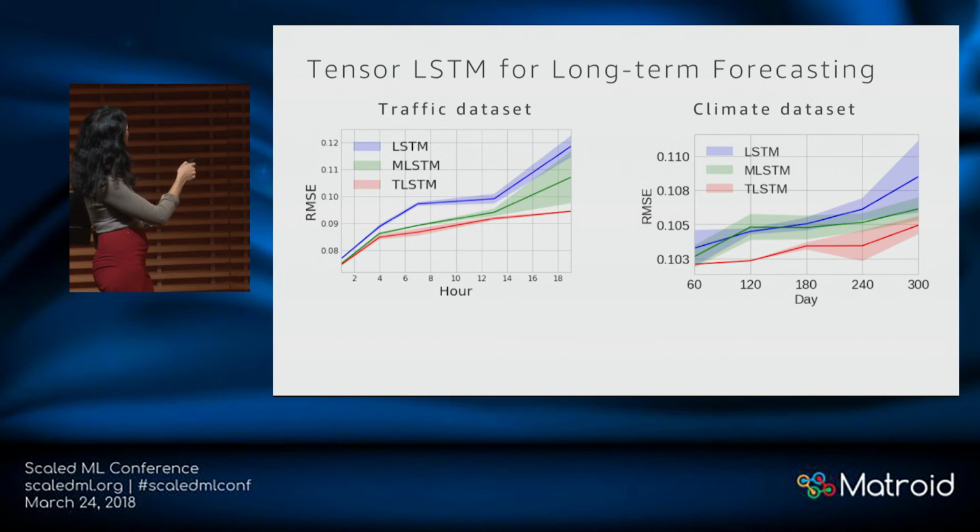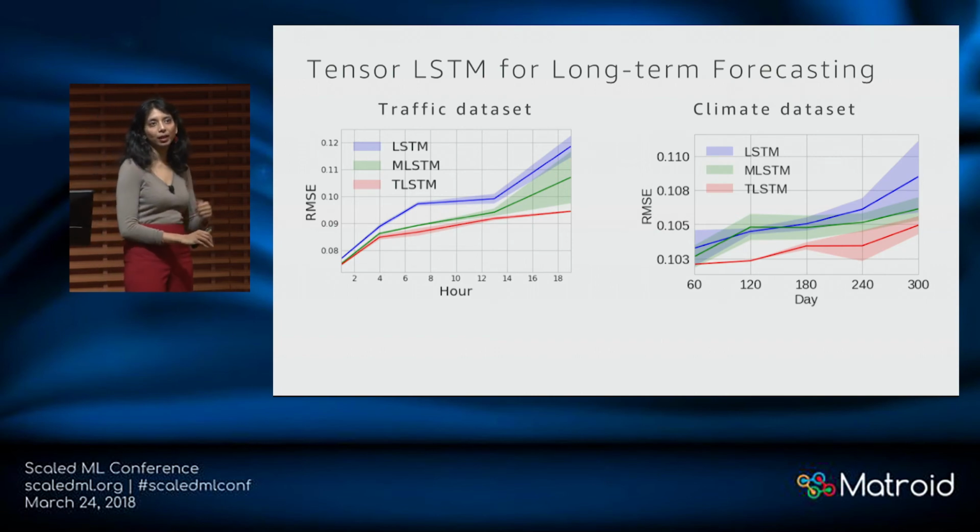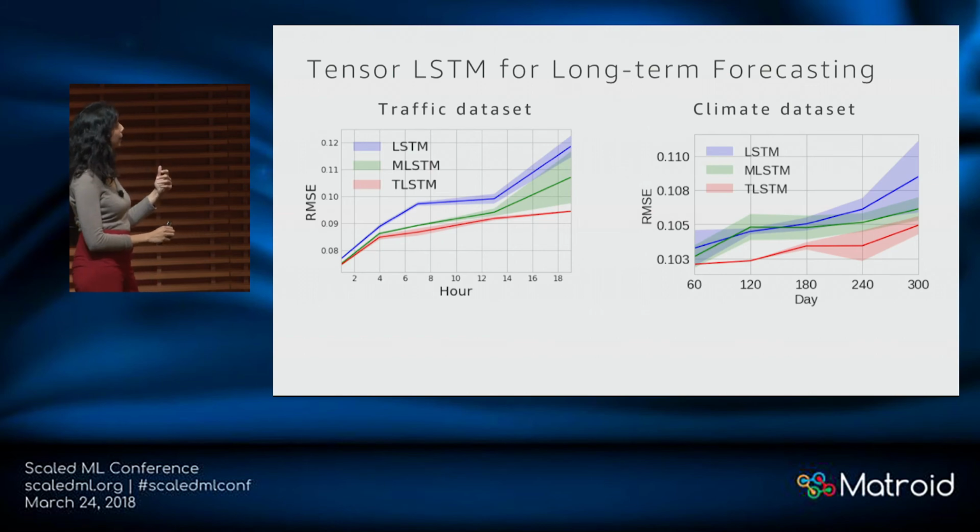And you can see that for the LSTM, the error especially increases when it's beyond, let's say, this 12-hour mark, for instance, right? The error increases a lot. Whereas for the tensorized LSTM, it seems to be much more graceful in terms of how the error increases as we increase the window of our forecasting.